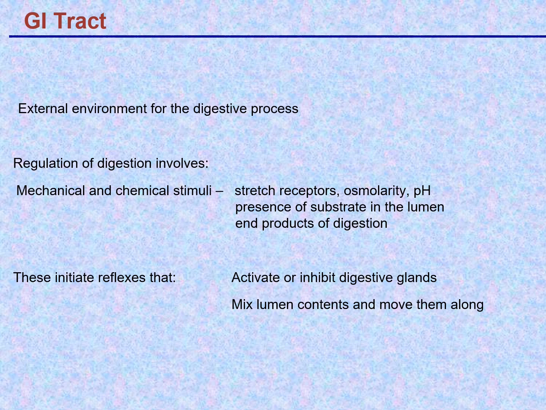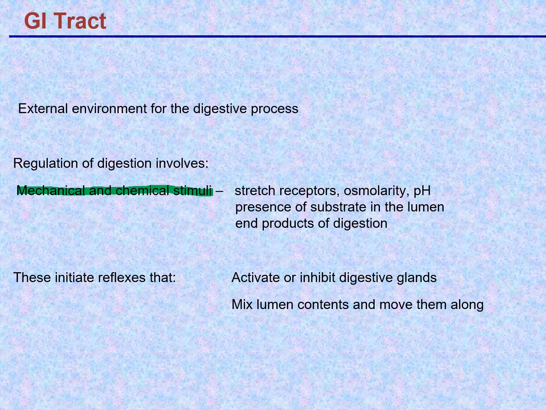It is regulated, as all physiological systems are regulated. Digestion is carefully regulated. The regulation involves mechanical and chemical stimuli and the response to those. The stimuli include stretch, which can be picked up by stretch receptors.